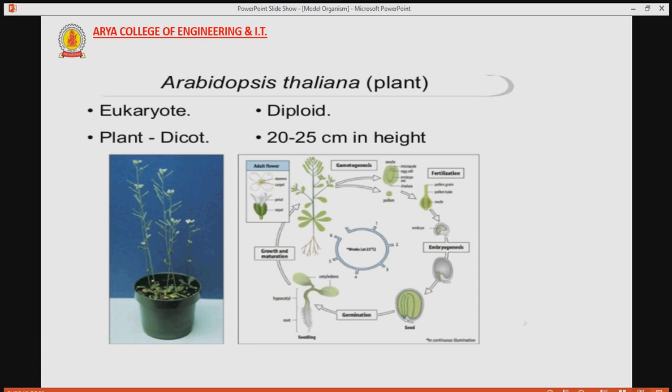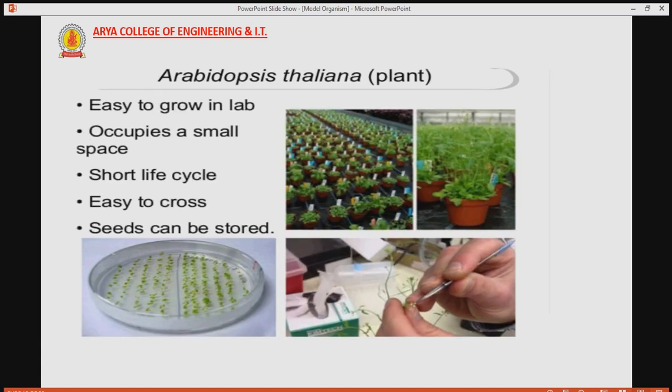It is a dicotyledonous plant. Its height is 20 to 25 centimeters, so it can easily be grown in a pot in a small space. It is easy to grow in the lab. Its life cycle is very short. Crossbreeding is done easily in this plant. Seeds can be stored for a long time.